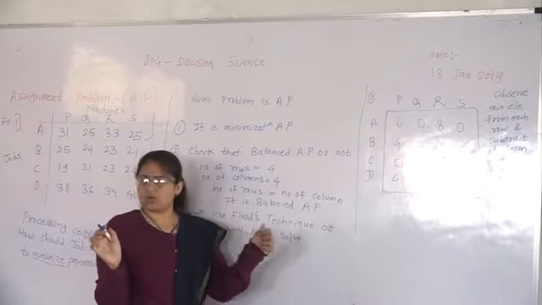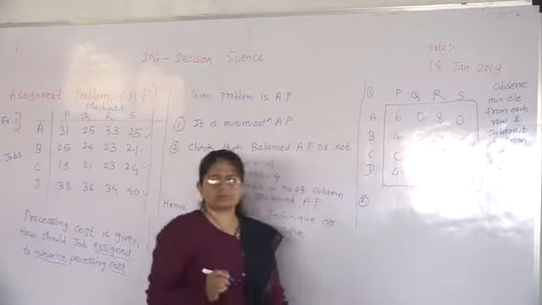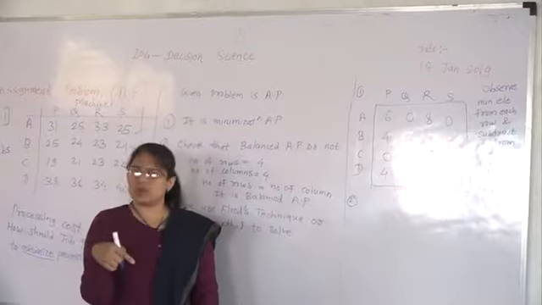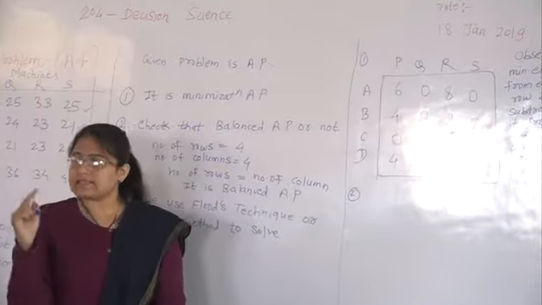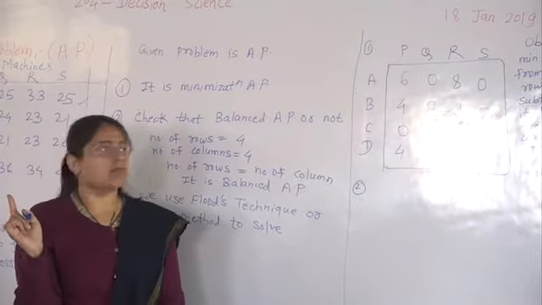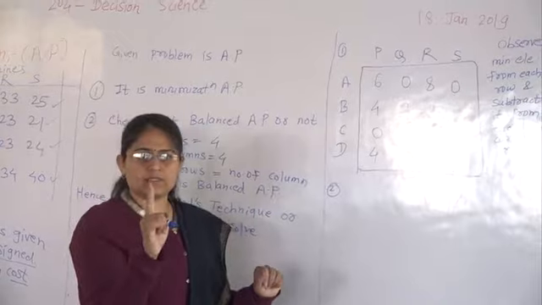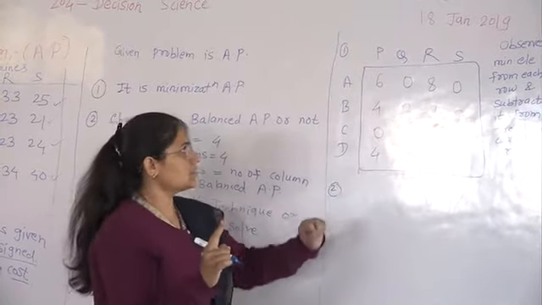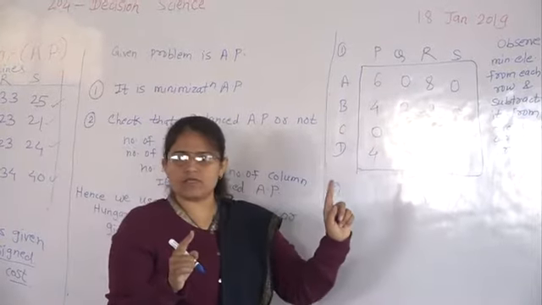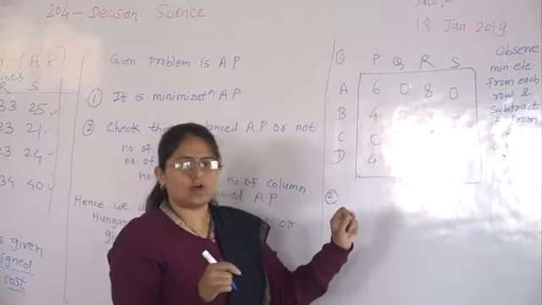Which is the second step? The second step is to observe each column. There should be at least one 0 in each column. Observe the first column: there is a minimum of one 0 in the first column. Observe the second column: there is a minimum of one 0 in the second column. Observe the third column.